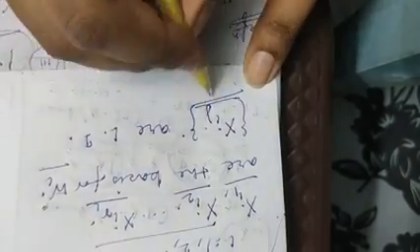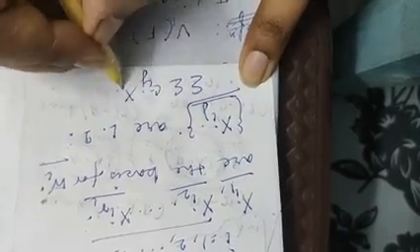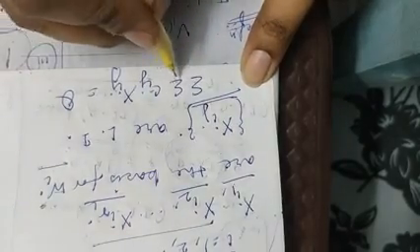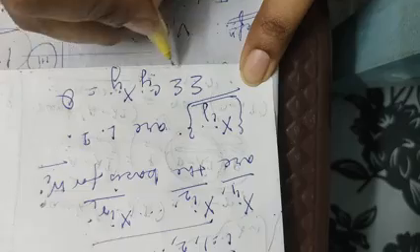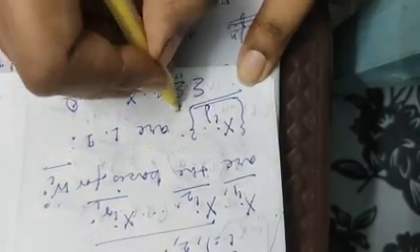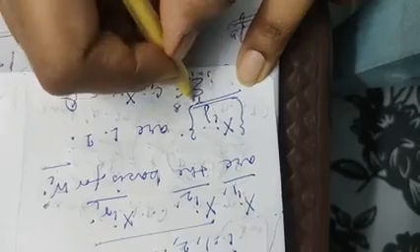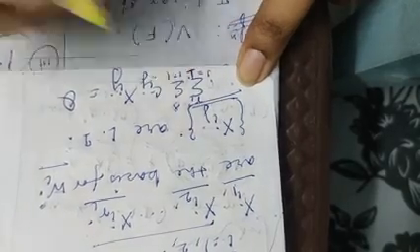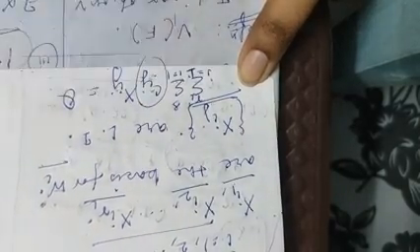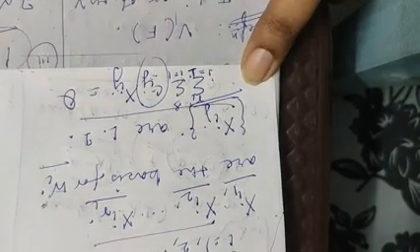So starting with this condition, the summation of Cij xij equals theta, where i runs from 1 to s and j runs from 1 to ri. Now we need to prove that all Cij equal 0 to prove that the xij's are linearly independent.